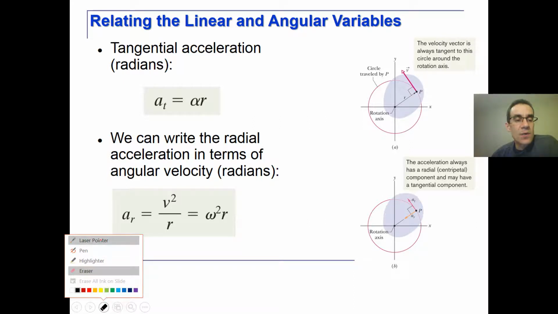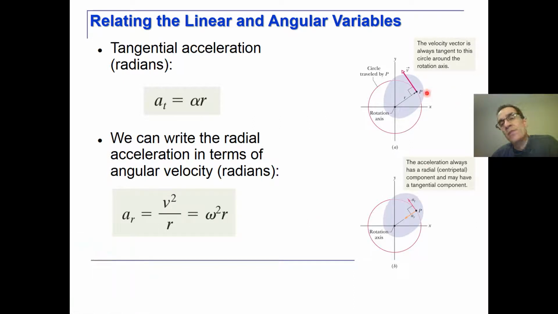Let's go over there and show it again. You see this large object? It is rotating about this fixed axis. Observe this point P. This point P is a point on the object. As the object as a whole rotates about this fixed axis, that point P is actually performing a circular motion.